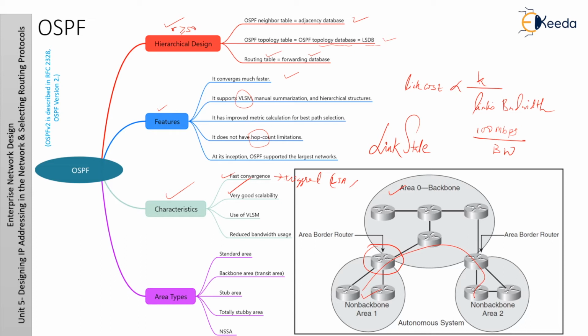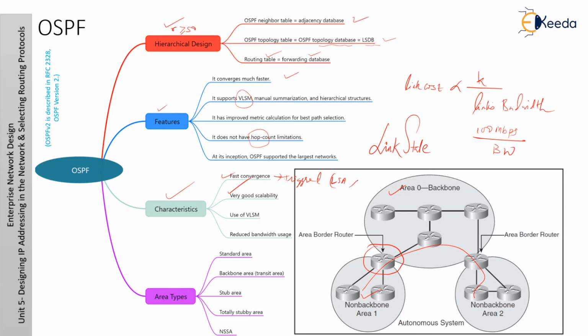OSPF's multiple area structure provides good scalability. However, OSPF's strict area implementation rules require proper design to support other scalability features such as manual summarization of routes in ABRs and ASBRs, stub areas, totally stubby areas, and not so stubby areas.